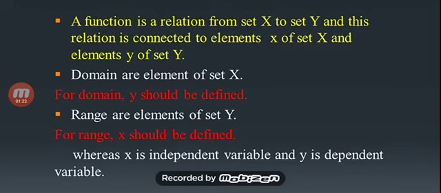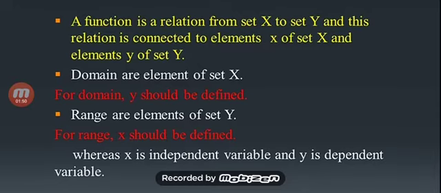Function can also be defined as a relation from set x to set y, and this relation is connected to elements x of set x and elements y of set y. This is a relation between two sets x and y. The elements of x are called domains, while the elements of y are called range.